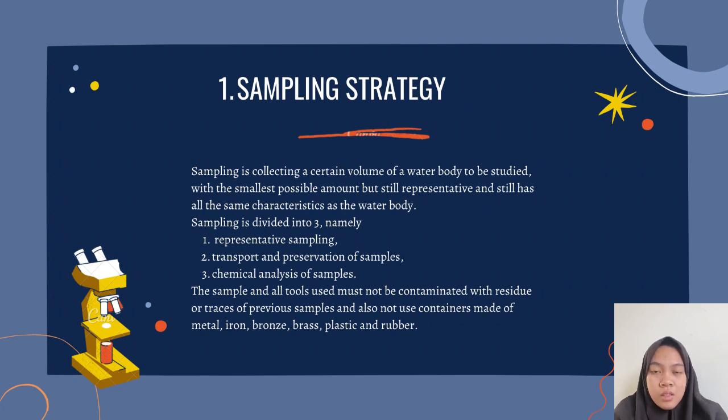The bottles that will be used to take samples must be clean and have been rinsed with distilled water first, then followed by the liquid that will be used to fill them, and dried if possible.